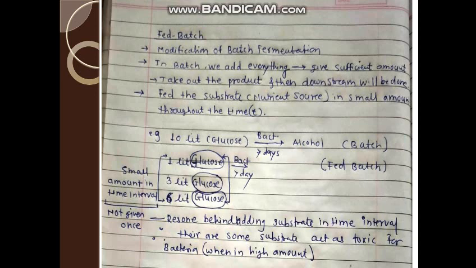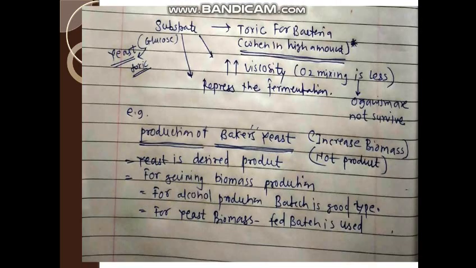If we add the substrate at one time, it will be toxic for production of the specific product. In such cases we add small amounts of substrate at different time intervals. That is the basic difference between batch and fed batch fermentation process.